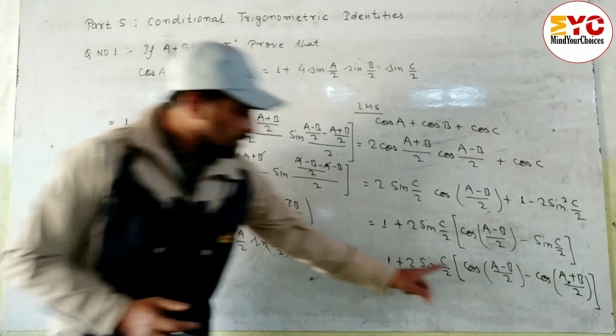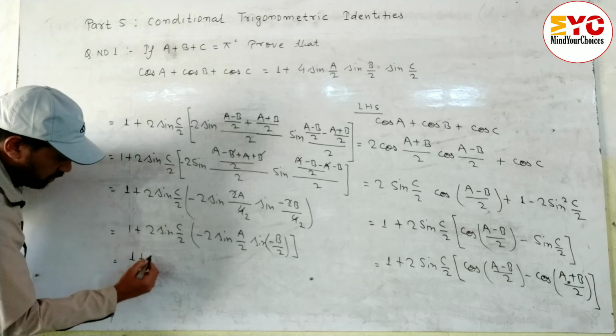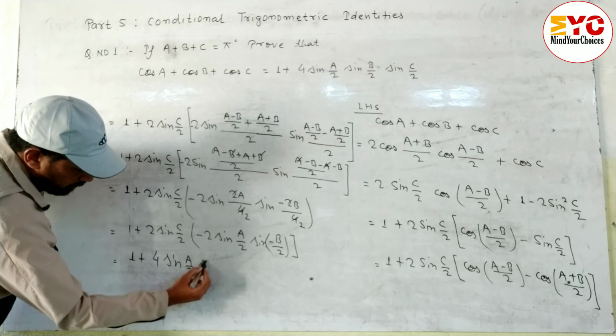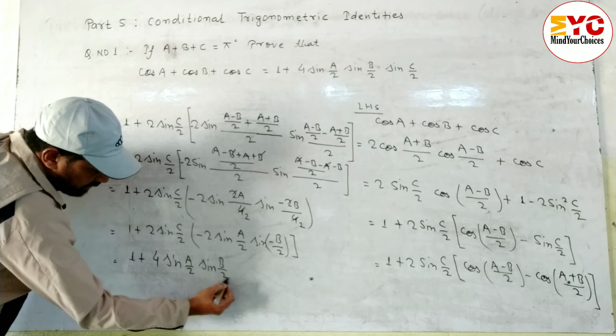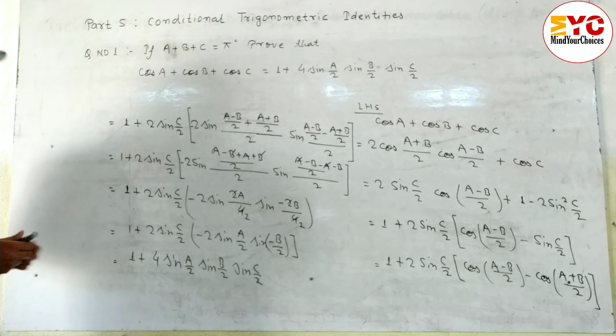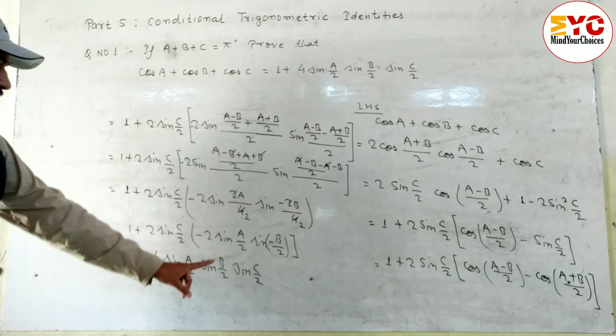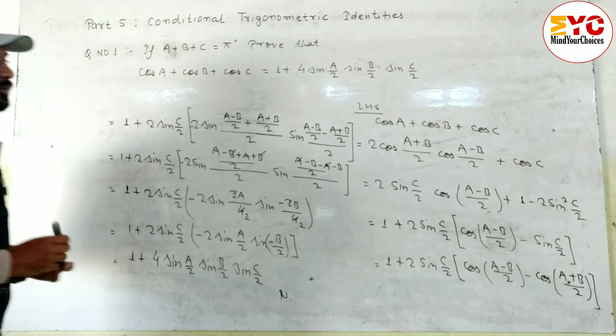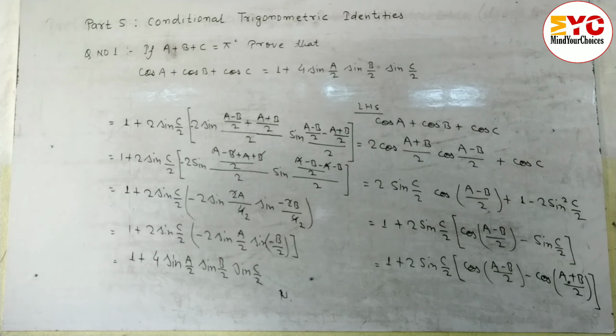Now you can see this minus will become minus plus, so 1 plus 2 into 2 is 4 sine a by 2 sine b by 2 sine c by 2. We have to prove 1 plus 4 sine a by 2, sine b by 2 and sine c by 2. RHS proved. Hope you understand this question number 1.